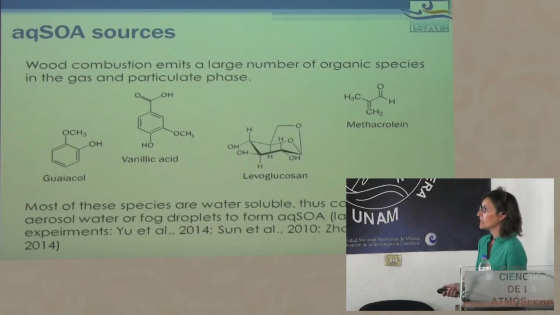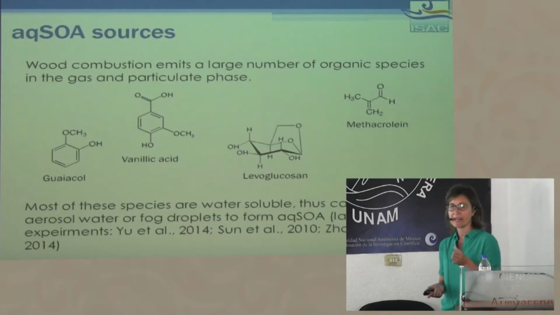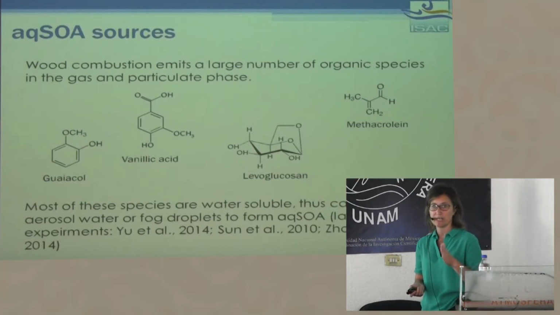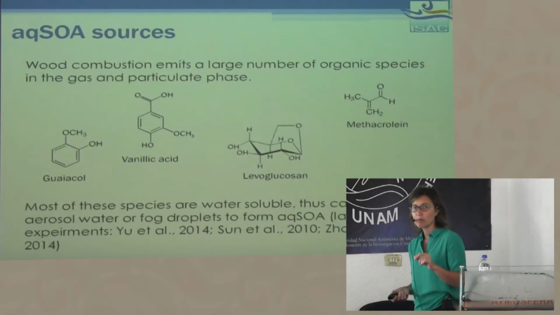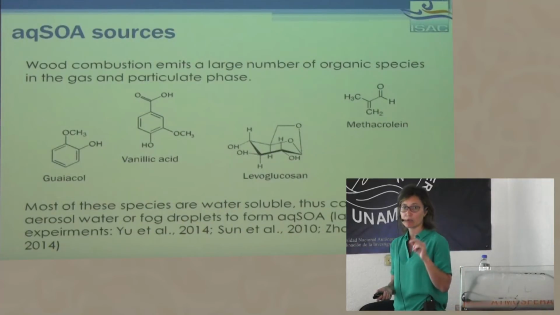Well, most of these species are actually water soluble, so potentially they can contribute to the formation of the aqueous secondary organic aerosol. And what is interesting is that during the last years, a few researchers have proved that some of these molecules can actually form aqueous secondary organic aerosol.